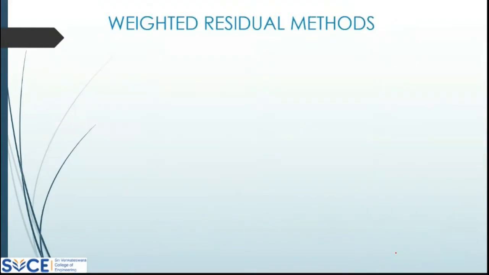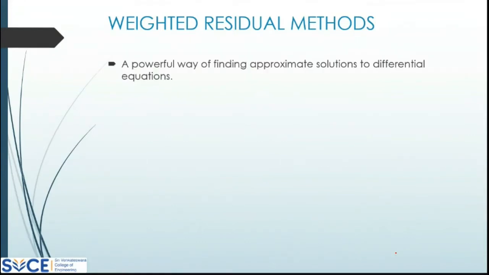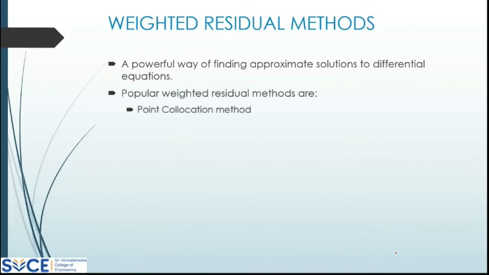So today we will start with weighted residual methods. This is a powerful way of identifying an approximate solution for any differential equation, right? There are different types of weighted residual methods, and these are the popular ones. One is point collocation. Next is subdomain collocation.